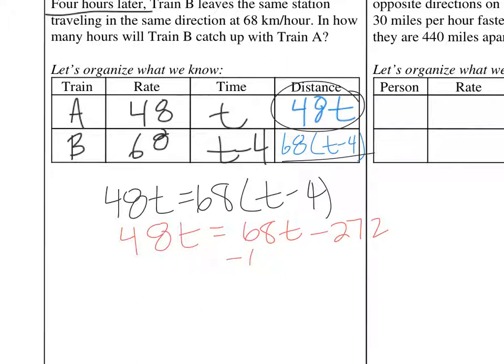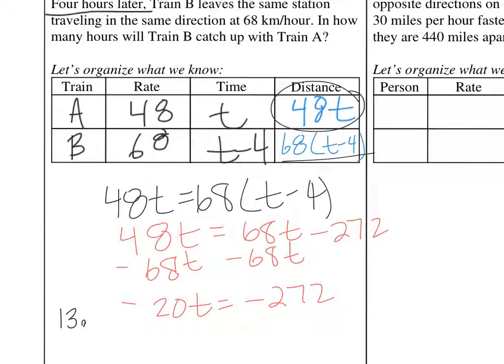So if I get my t's on one side by subtracting 68t, I'll get negative 20t equals negative 272. And if I divide by negative 20, I'll get 13.6 hours. So in 13.6 hours, that's exact, train B will catch up to train A.